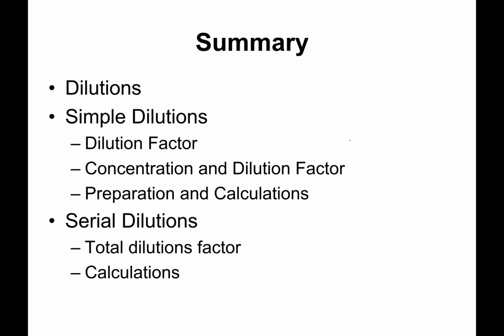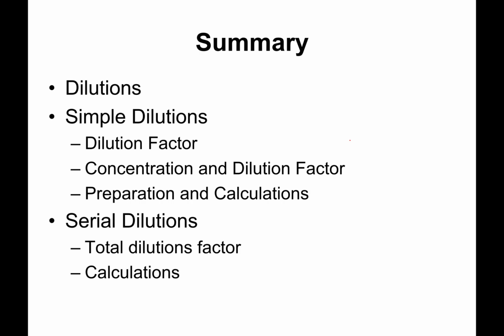Then we talked about how the dilution factor affects the concentration, how the concentration goes down from the concentration of the stock to that of the dilution, proportionate to the dilution factor. And we introduced the formula C1V1, and we went through some calculations. And also we talked about how you prepare simple dilutions.